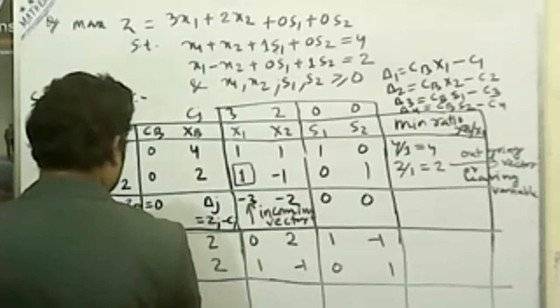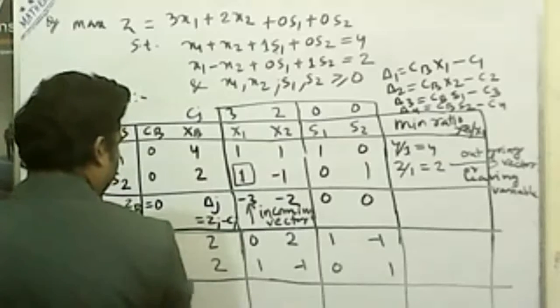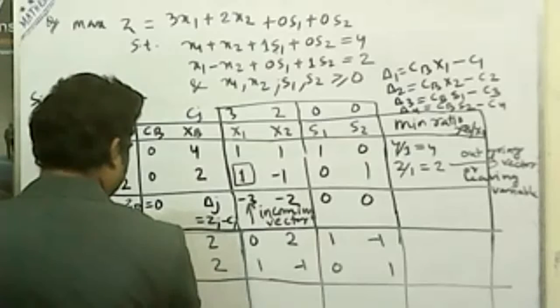So that here now ZB is equal to 0 into 2, 0, 3 into 2, that is equal to 6.